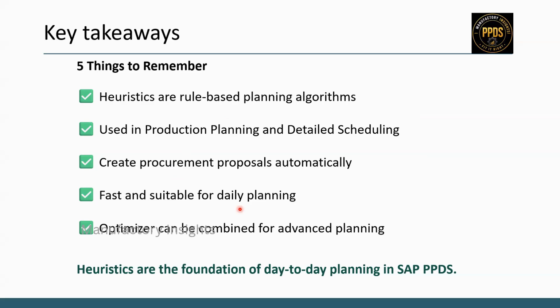Different heuristics address different planning requirements, including product planning, supply creation, and scheduling. And for more advanced optimization scenarios, heuristics can be combined with the PPDS optimizer. In simple terms, heuristics are the foundation of day-to-day planning in SAP PPDS.